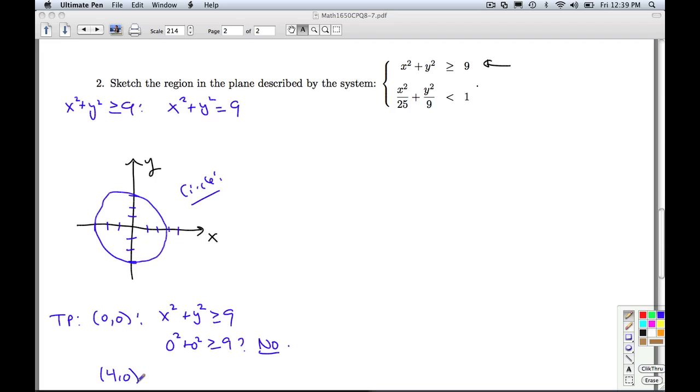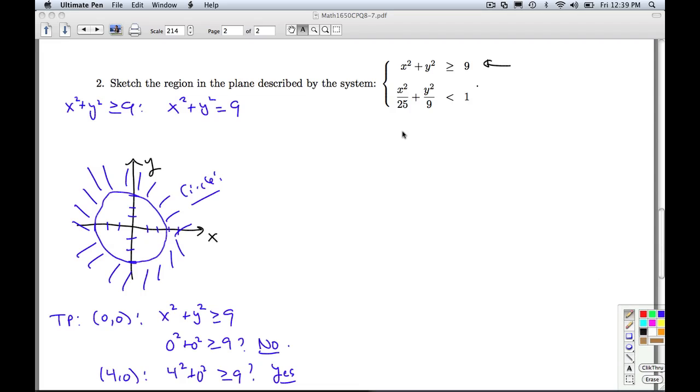Say 4, 0. Is 4 squared plus 0 squared bigger than or equal to 9? The answer is, of course, yes. And so the solution, or the set described by this inequality, is that. Okay, so it's a circle and everything outside of it.